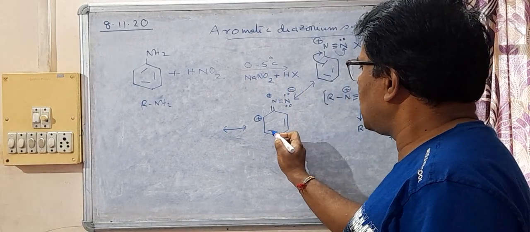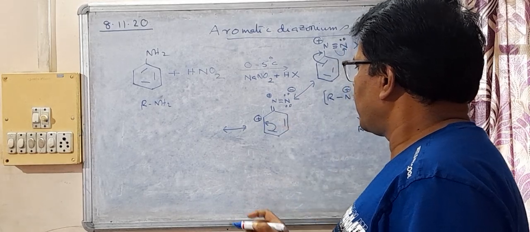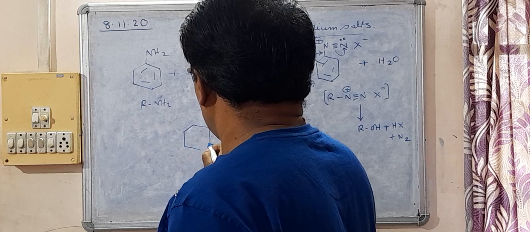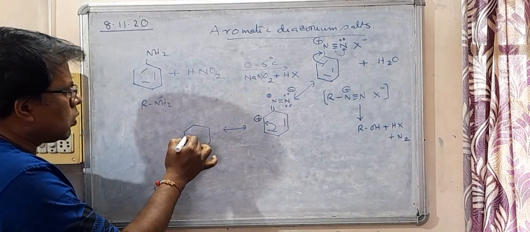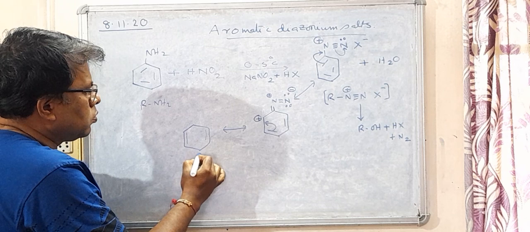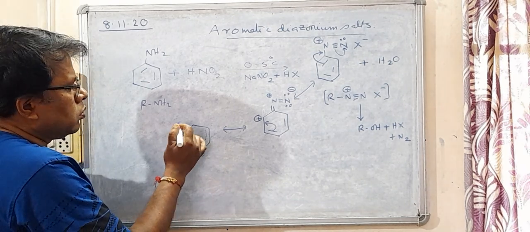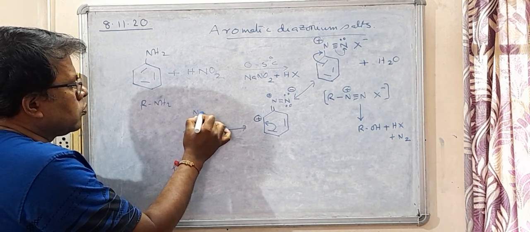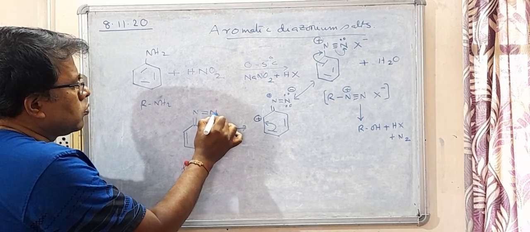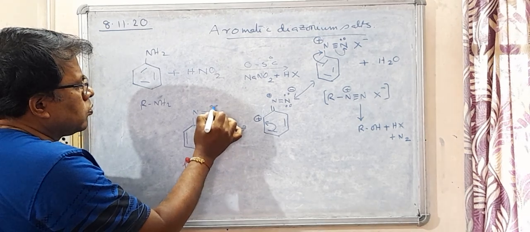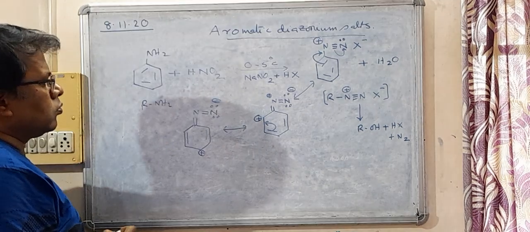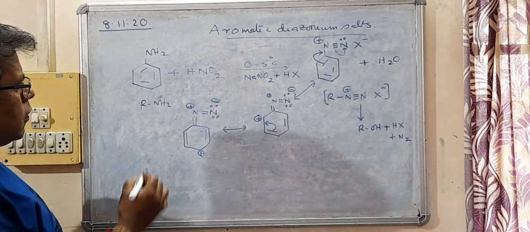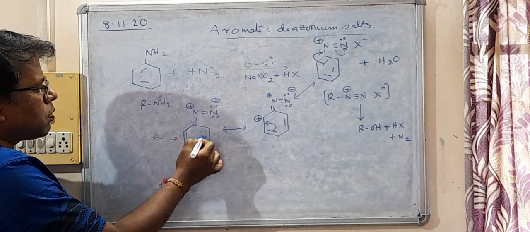In the next structure, this pi will come here. Then again this one will come here.